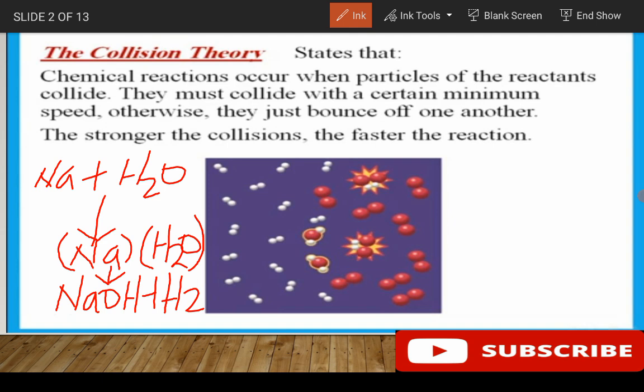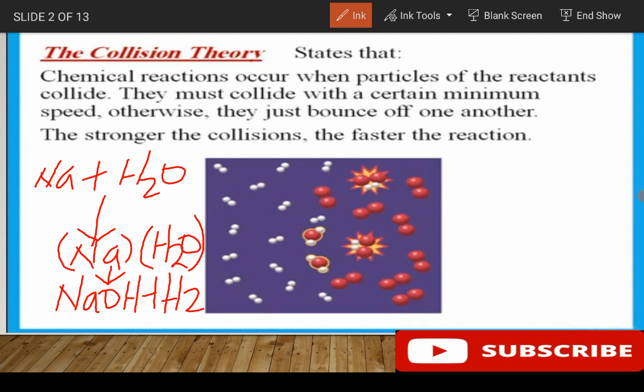So chemical reactions occur, happen or take place when particles of the reactants collide, meaning they should hit each other. So the word collide must be there. And they must collide with a certain minimum speed or energy. Otherwise, they just bounce off one another.